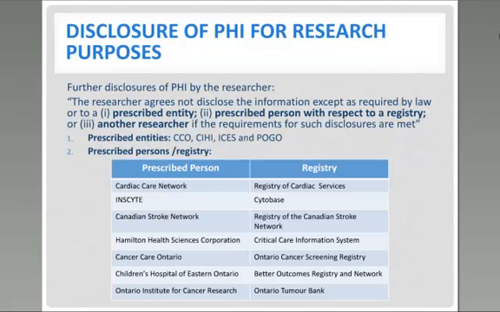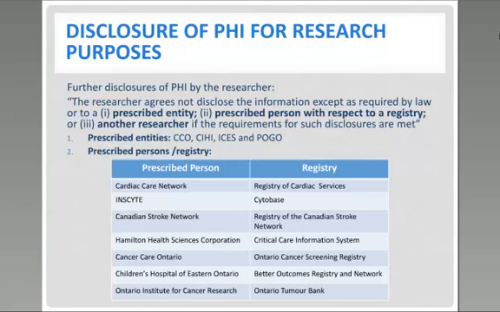There is on the website, if you're interested, a manual that the Commissioner's office has prepared with respect to how you go about applying to be a prescribed registry or an entity, and so you can see the level of detail and scrutiny that these entities have been put through before they get named in the regulation.